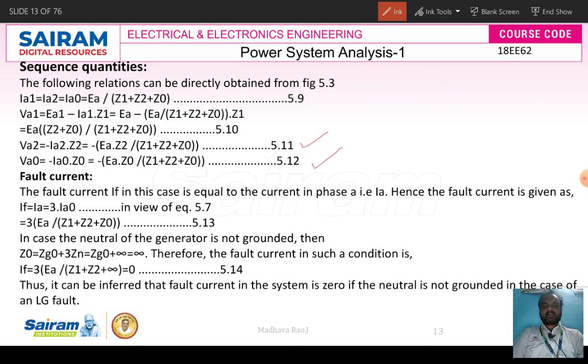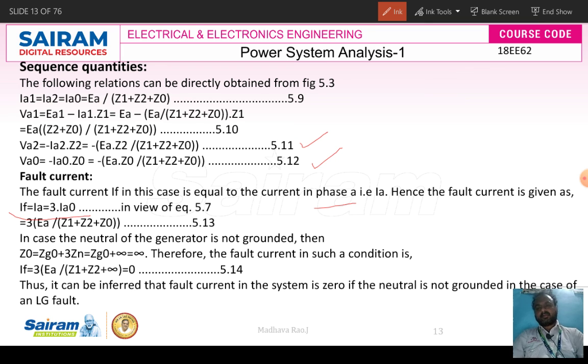Okay, right? Fault current. Where does the fault occur? The fault occurs at phase A. Since the fault occurs at phase A, the fault current is equal to the current in phase A. So the phase A current is equal to 3 into IA0, so that IF is equal to IA is equal to 3 into I0.